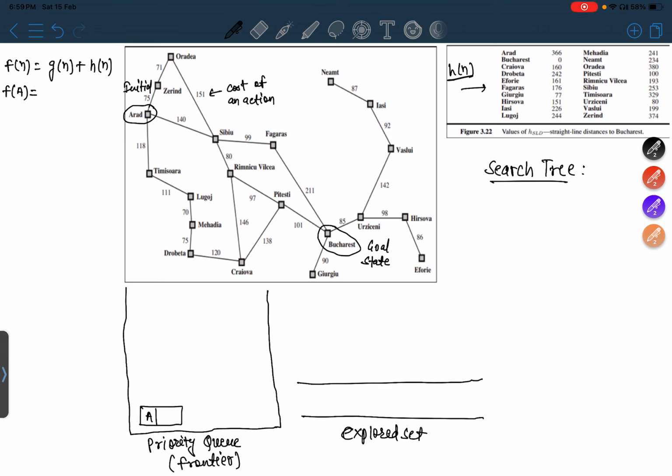F of A will be g of A. How much is g of A? 0, because gn is the cost from the starting state, and the starting state is A itself, so we'll have that as 0. And h of A, given here, is 366. So the value for f of A is 366. Okay, good.